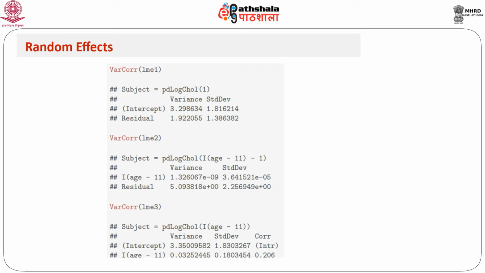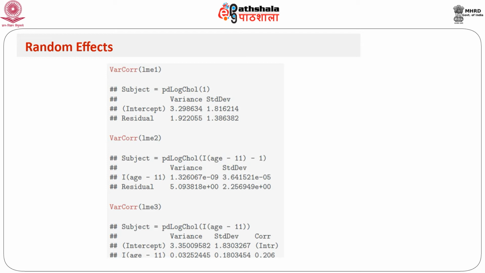But remember that here we have two random effects, b0i and b1i. For b0i and b1i, the correlation value comes out to be 0.206.